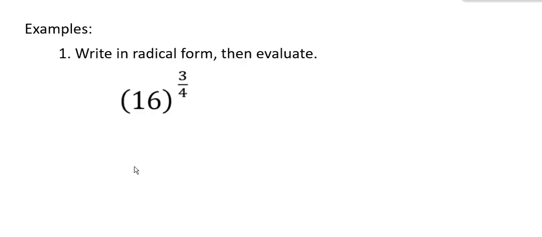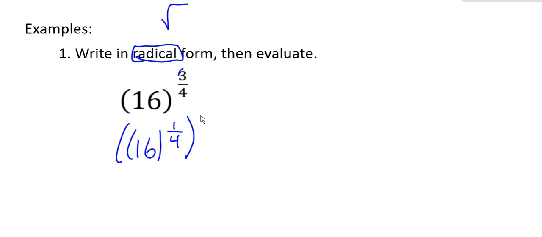So now this one, again, very new, but I just want to make sure I run through this with you. So how would I write this in radical form? So again, make sure you know that radical form means I want this sign somewhere in it. So what I like to do is separate this exponent into two pieces, so I can clearly see the two different types of exponent laws going on. So what I see is 3, obviously 3. I see 3 divided by 4.